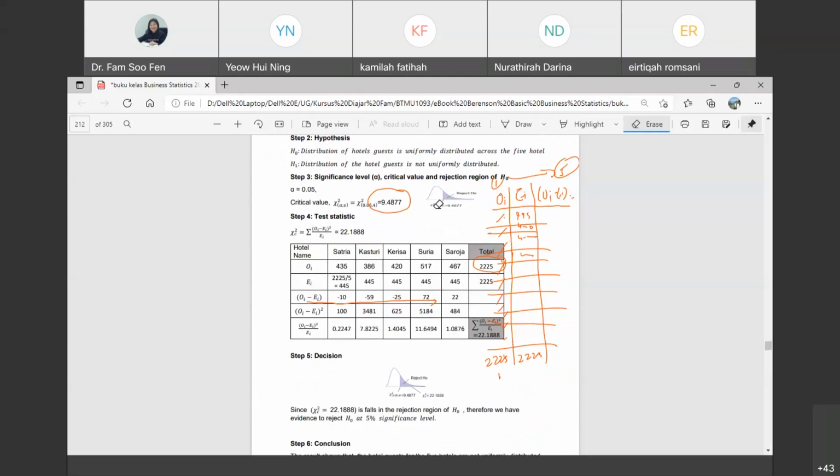For this one, I use a sketch diagram, a drawing, to show and represent my rejection region of H naught. This one is the test statistic, as I said. This one is the presentation.